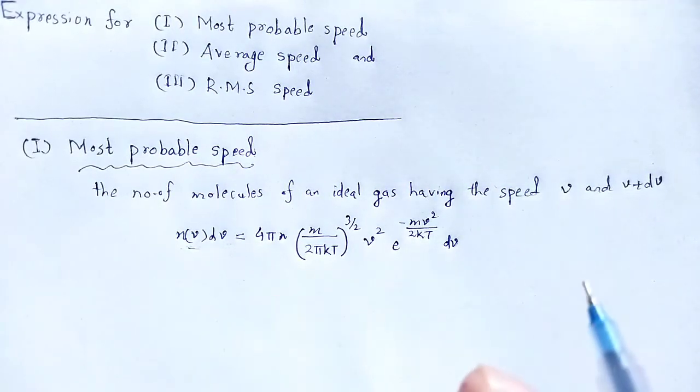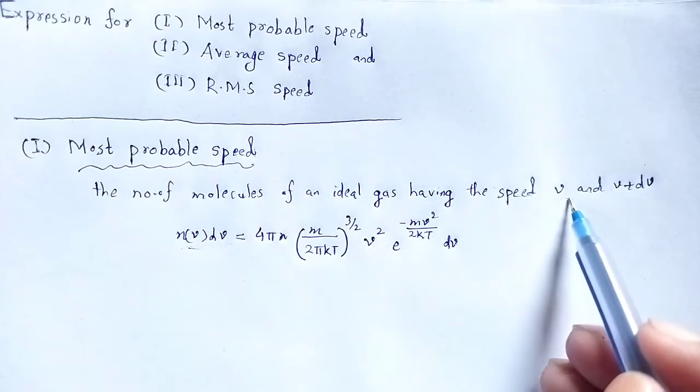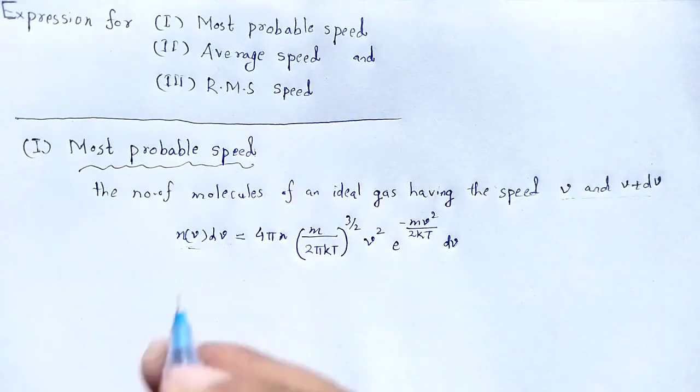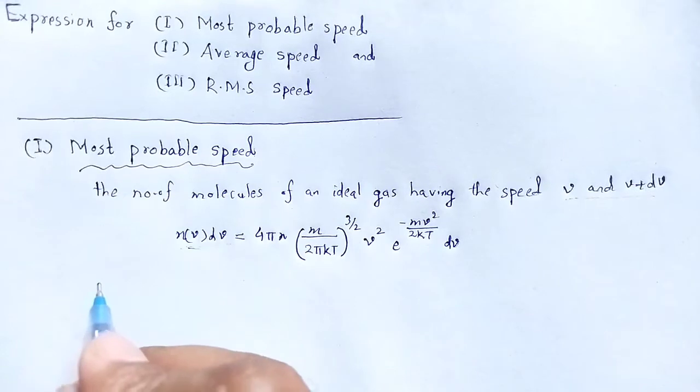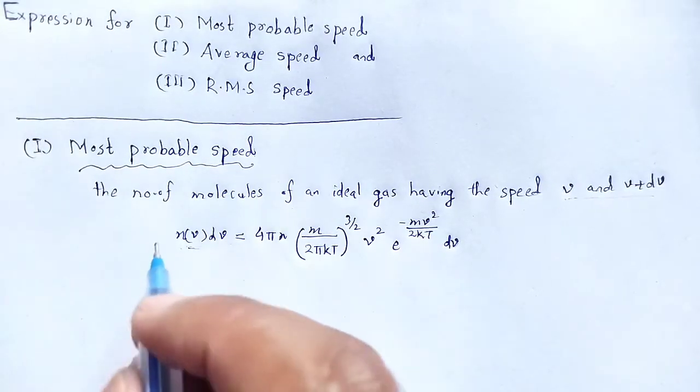Hence, the probability of molecules in that speed range means the probability of finding particles.